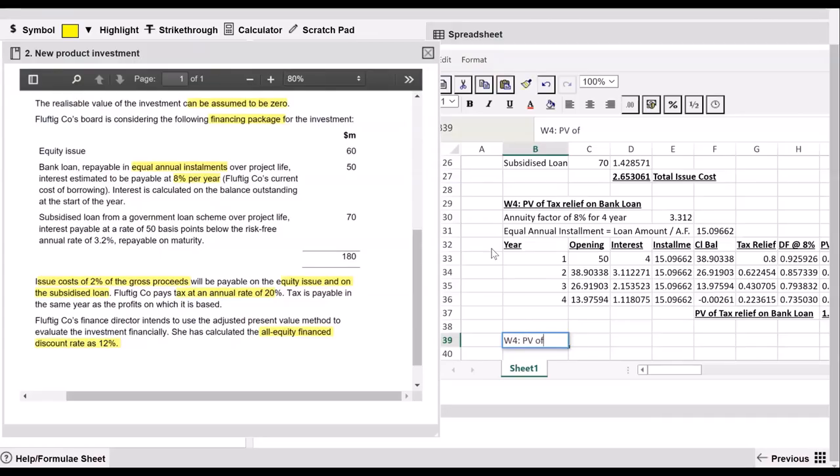Now we need to do the present value of tax relief on the subsidized loan.